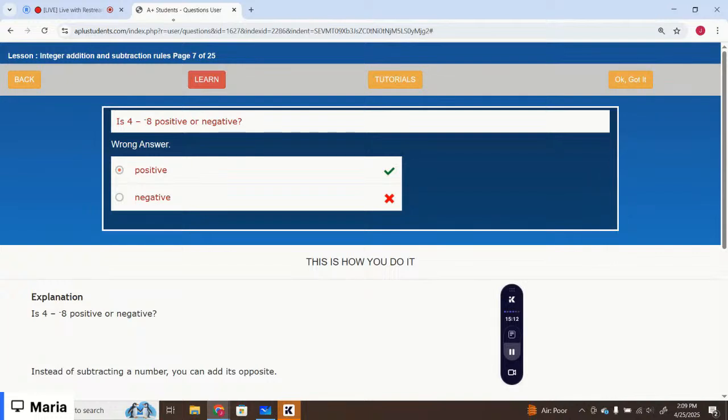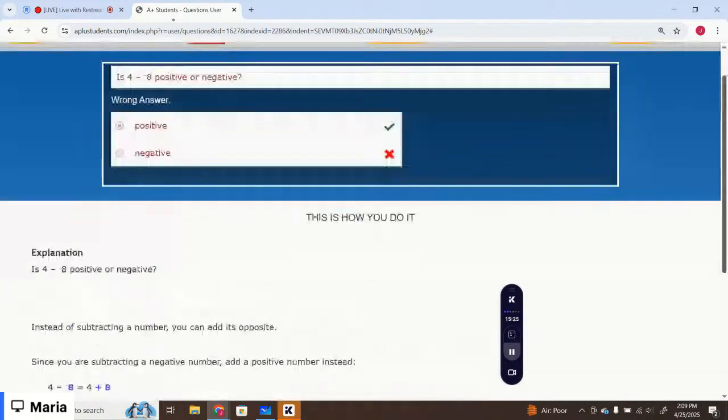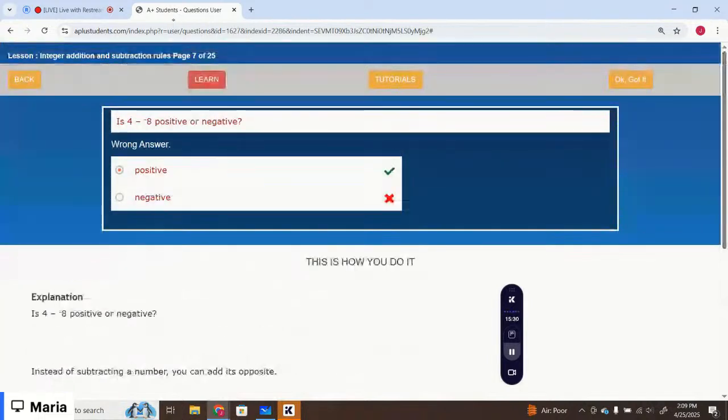Oh, you're subtracting, not adding. 4 minus negative 8. You are subtracting. So that is not negative, that must be positive. Why? Because subtracting a negative integer is the same as adding. So that's why it is positive.